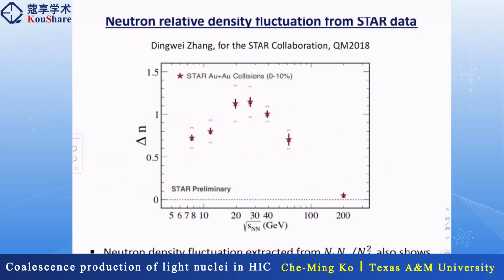So the idea eventually was, hopefully there's some dynamic model. One can change the equation of state, try to fit this measurement, to see what kind of equation of state we need in order to reproduce this peak.